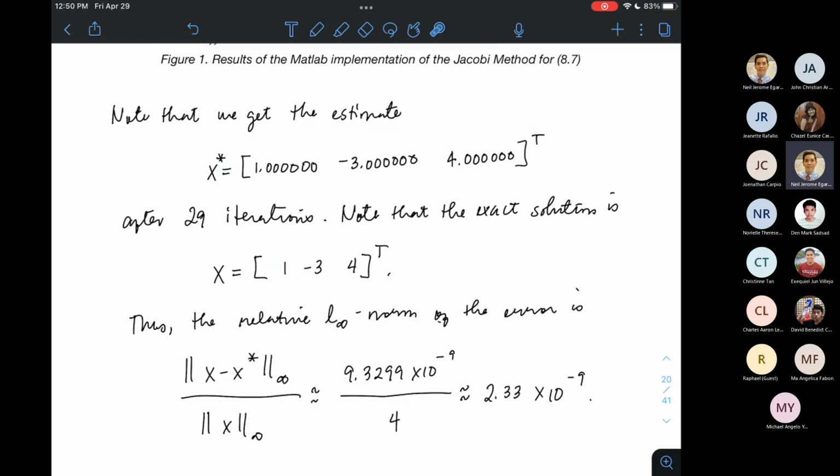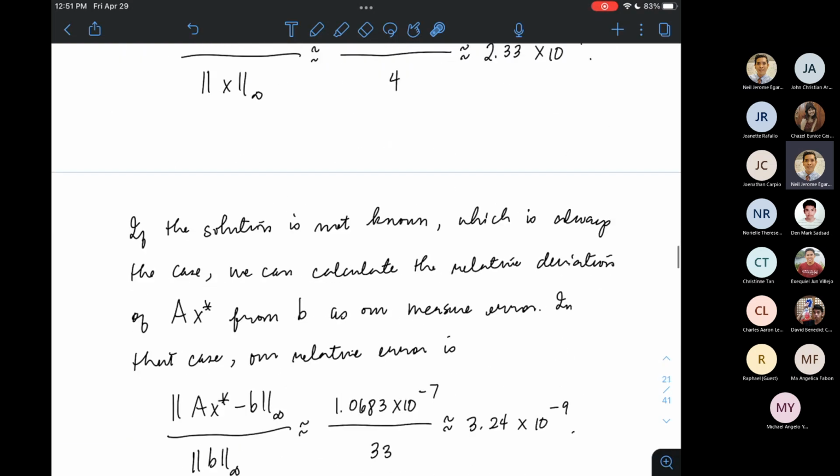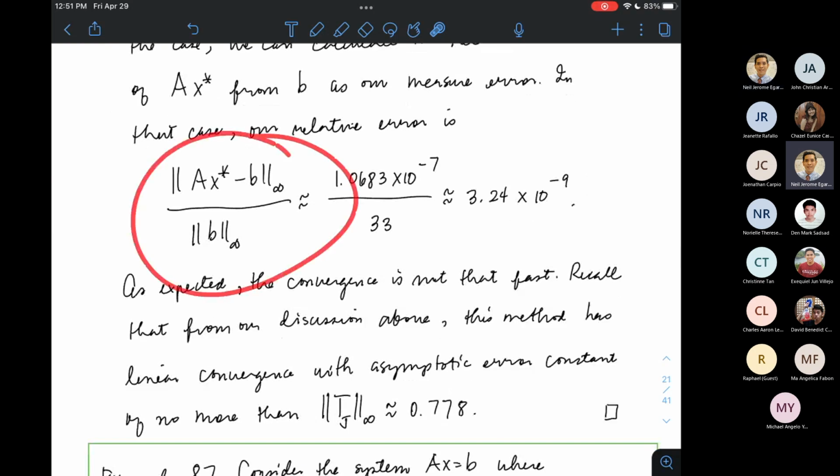Okay? Tapos, pero sa totoong buhay, hindi natin usually alam ano yung exact solution. So kapag wala kayong information about the actual solution, what we can do as our estimate for the relative error ay ito. Gawin natin to. Compute natin itong value na ito. So I can consider AX star minus B to be the error. Bakit?